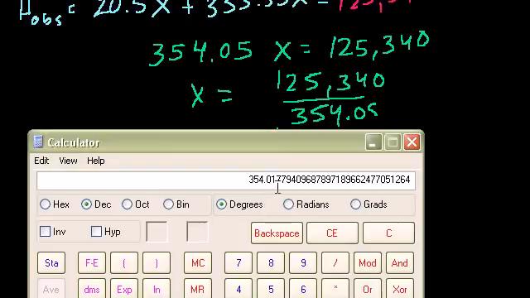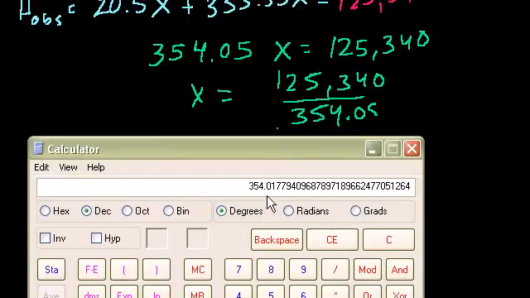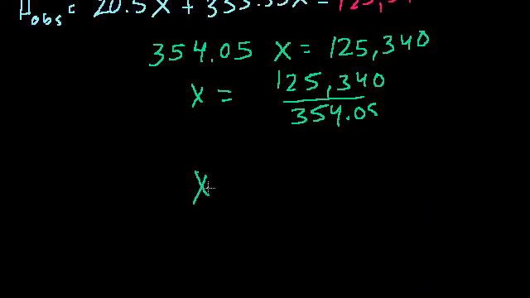There's a little bit of extra. So just to be careful, maybe I'll take 355 grams of ice because I definitely want my water to be chilled. So our answer is x is equal to 354.02 grams of ice.